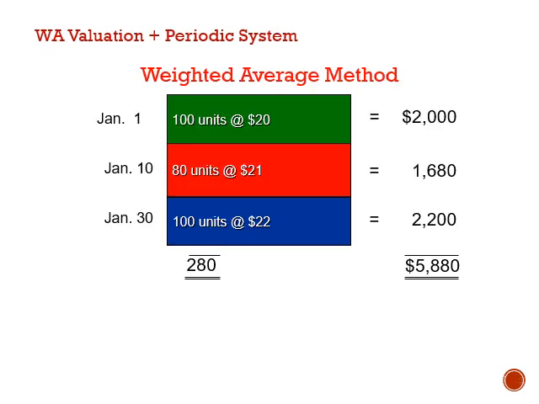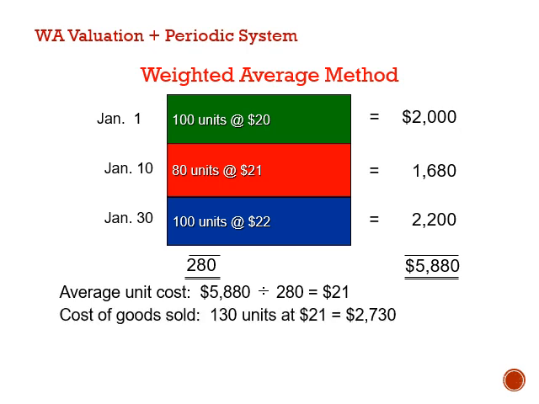For the weighted average method, it will be even simpler. We have the total units of goods available for sale at 280 units and total cost of $5,880. All we need to do is calculate the average per unit cost for the period by dividing the total cost for the period by the total units available for the period, and we get $21 average per unit cost.